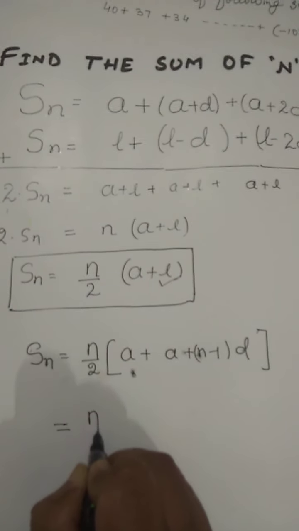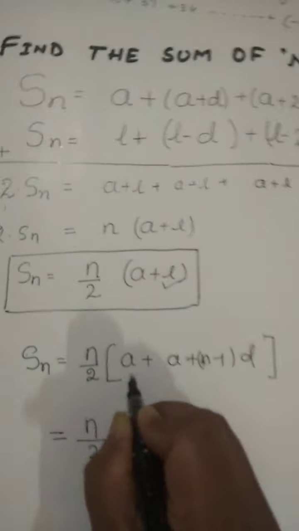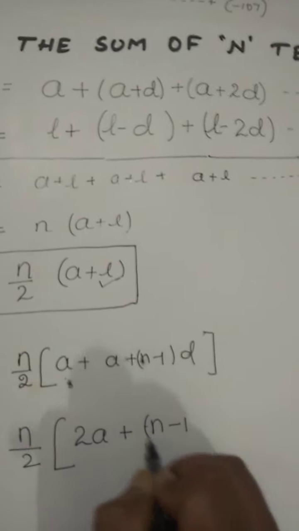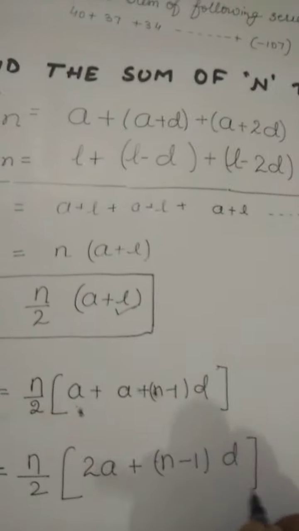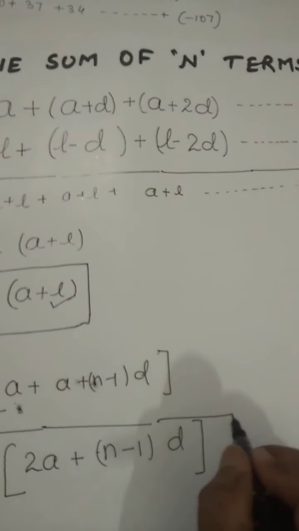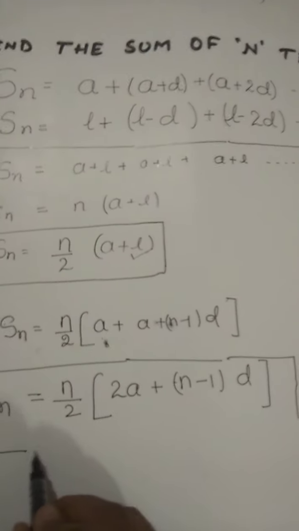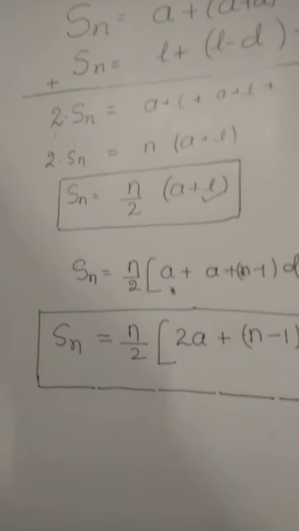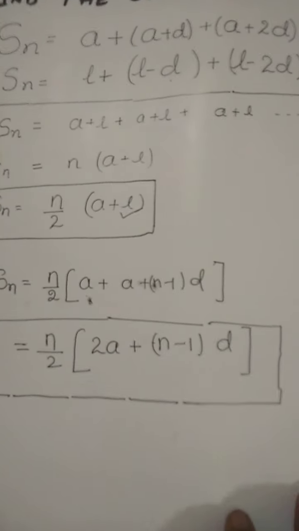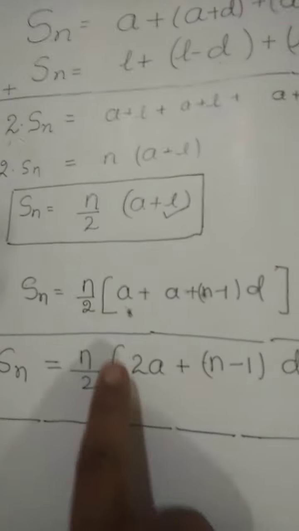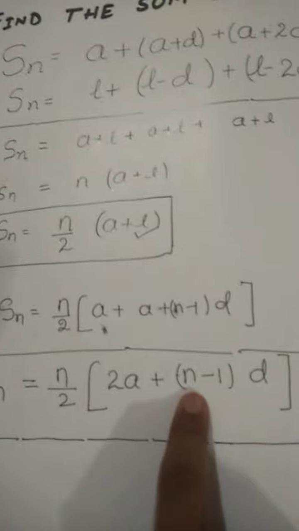Here, n by 2 times 2a plus n minus 1 d. This is the sum of the series in arithmetic progression, where the common difference between the second term and first term, third term and second term, fourth term and third term, and the nth term and the previous second last term always remains constant. The formula for that series is n upon 2 bracket 2a plus bracket n minus 1 d.